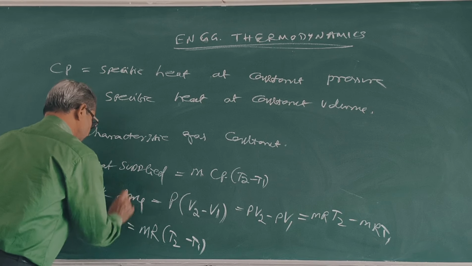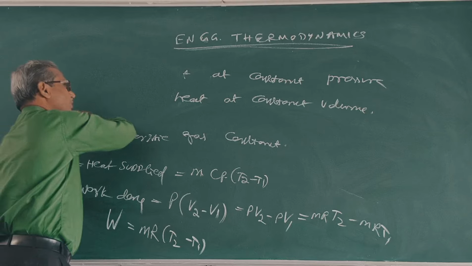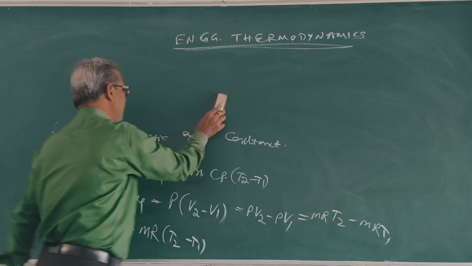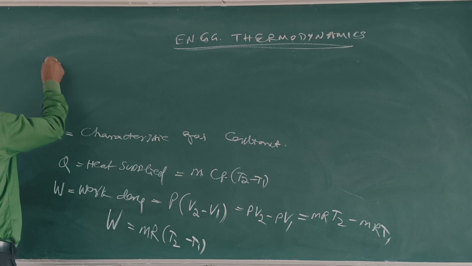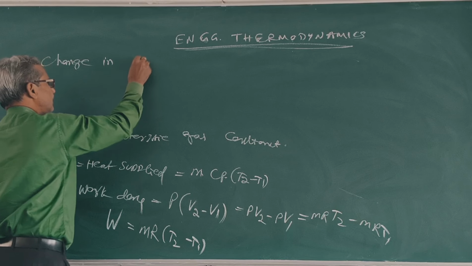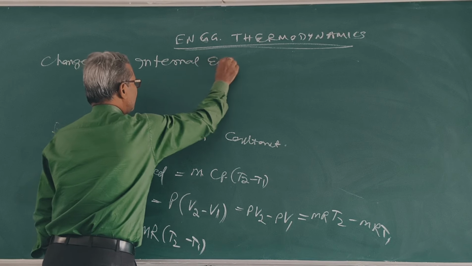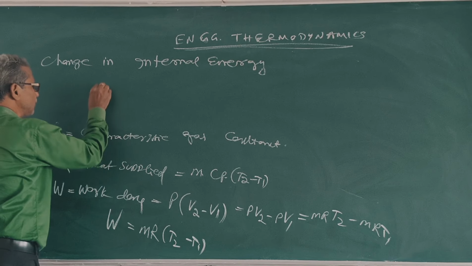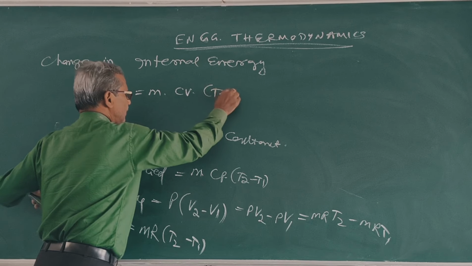This is work done W. Change in internal energy, del U, is m Cv (T2 minus T1).